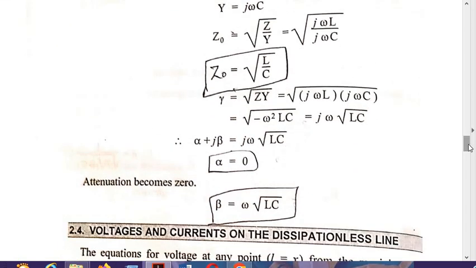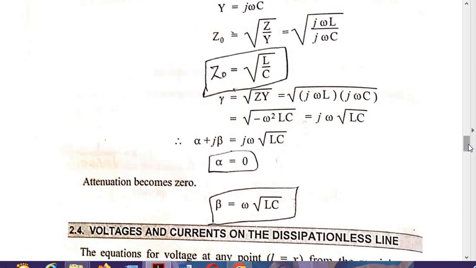We equate that to alpha plus J beta, as we have already seen that the propagation constant is equal to alpha plus J beta. If you equate real part to real part and imaginary part to imaginary part, since there is no real part, we can say that alpha is equal to 0 and beta is equal to omega into root of LC.